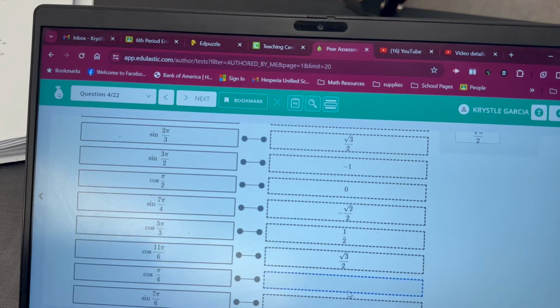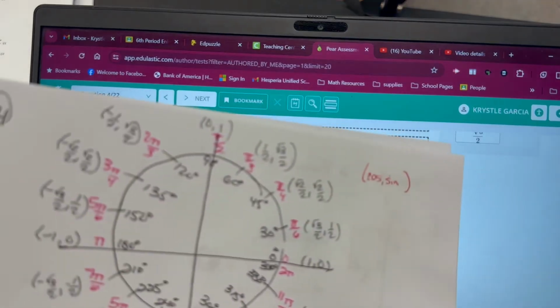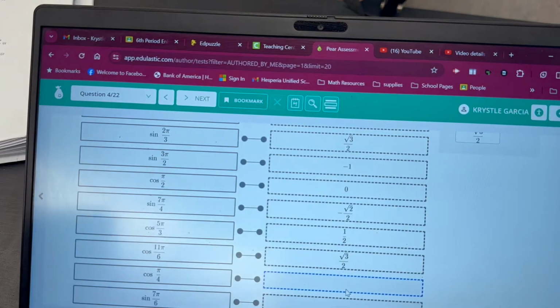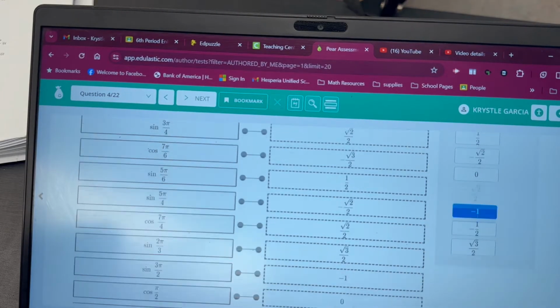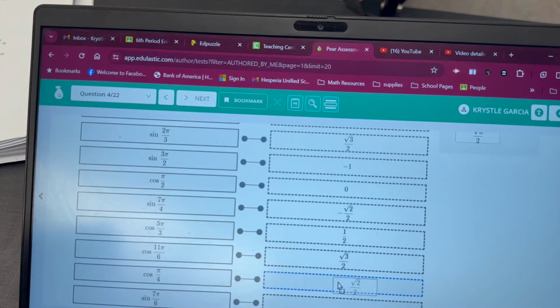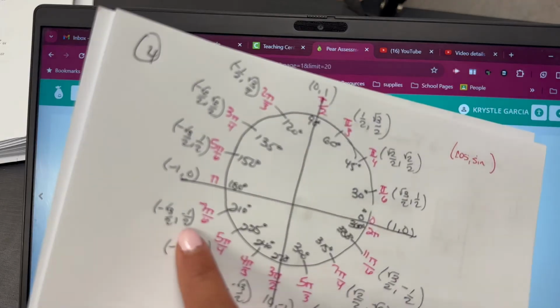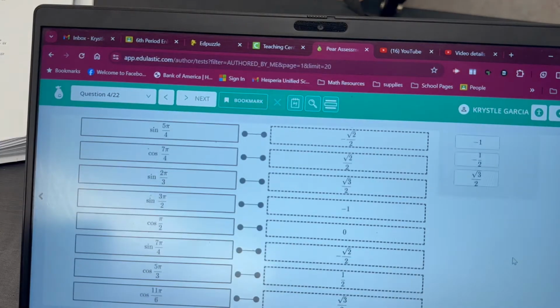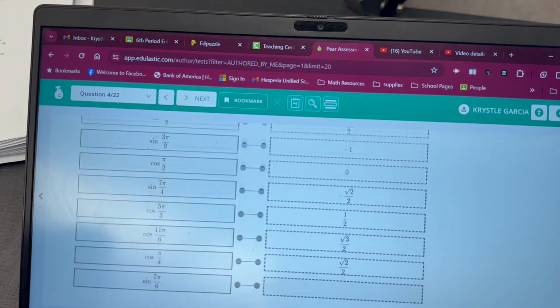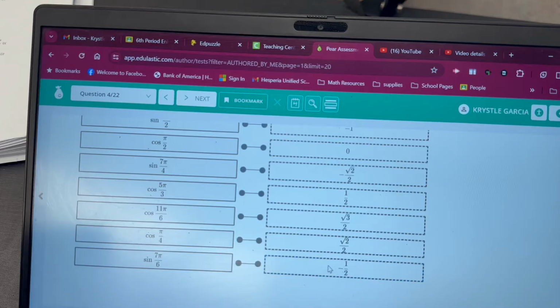Cosine of pi over 4, that's regular pi over 4, cosine is the x value, square root of 2 over 2. And then sine of 7 pi over 6, so the y value at 7 pi over 6 is negative 1/2. And that one was the last one.